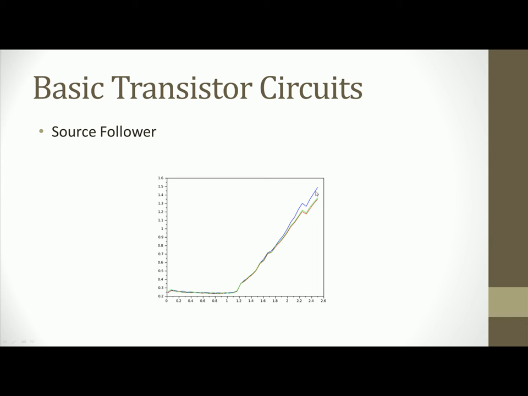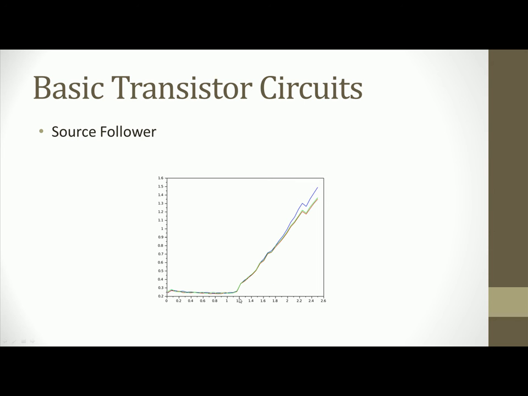The blue one is for 1.5 volt, the green one is for 2 volt, and the red one is for 2.5 volt. So basically, we can see that changing the drain voltage does not change the line a lot, but the source follower functions after the gate voltage is above about 1.2 volt.